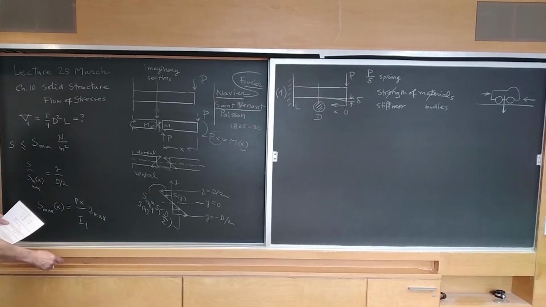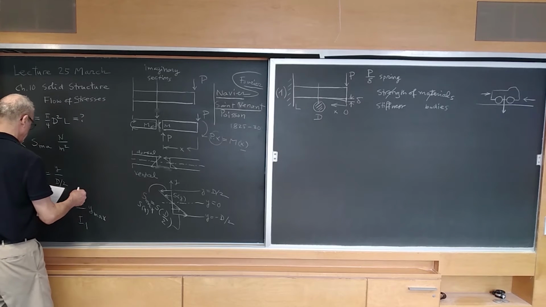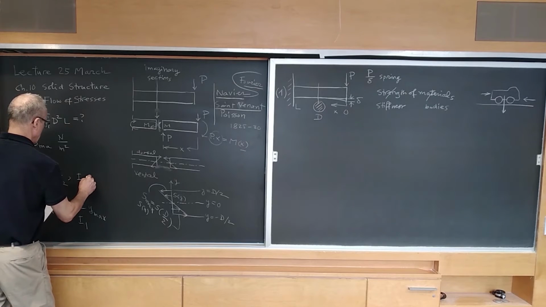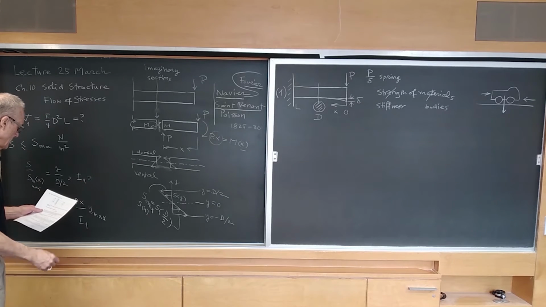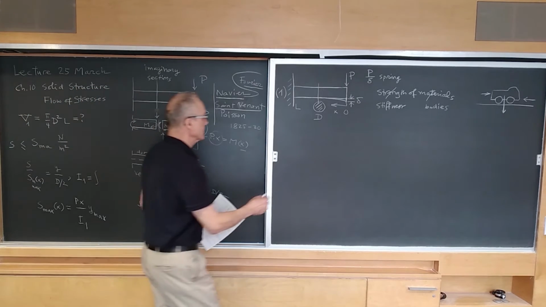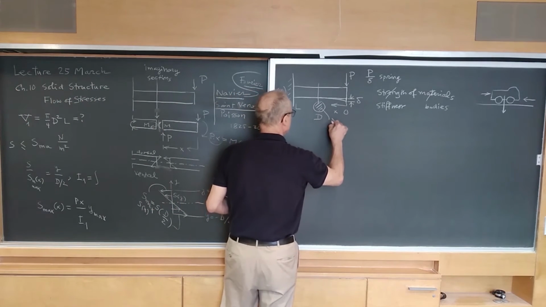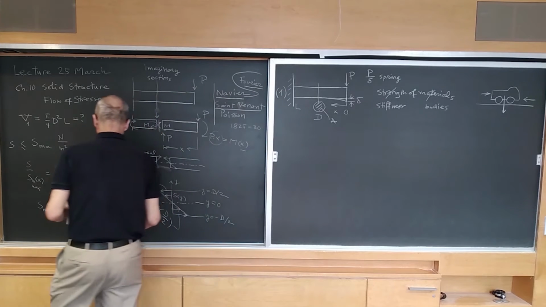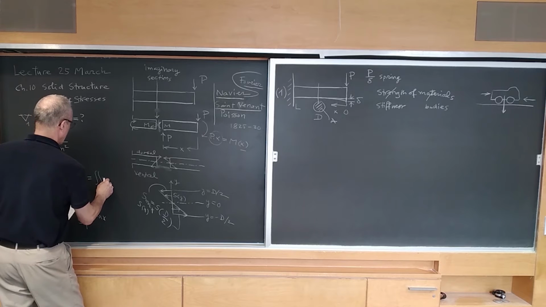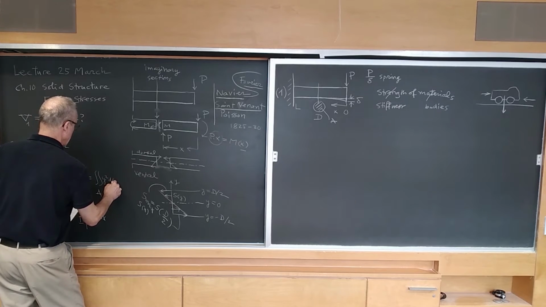The area moment of inertia is, as a definition, the integral over the cross-sectional area, here's the cross-sectional area, of y squared dA.